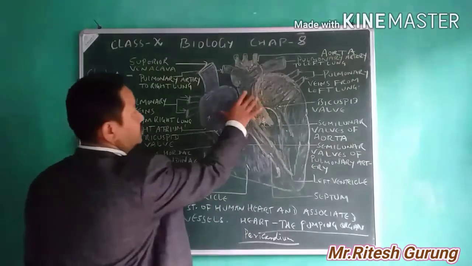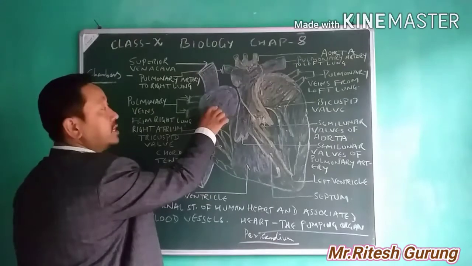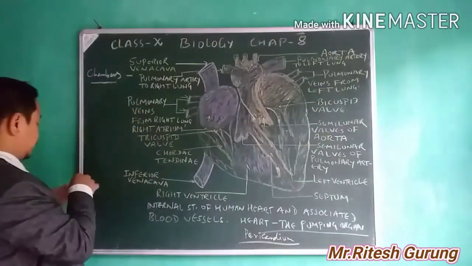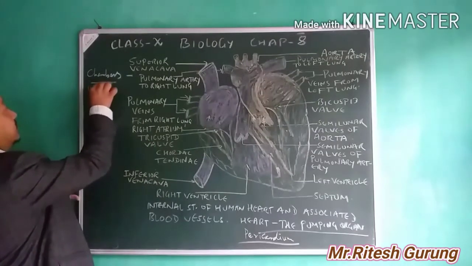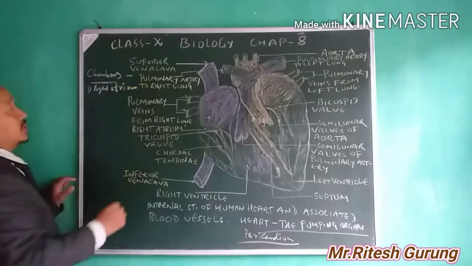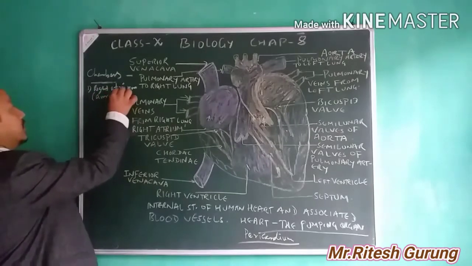These two chambers, as you see here, this is your right auricle and this is the left auricle. Let me write them here. Right atrium, which is also called the auricle.